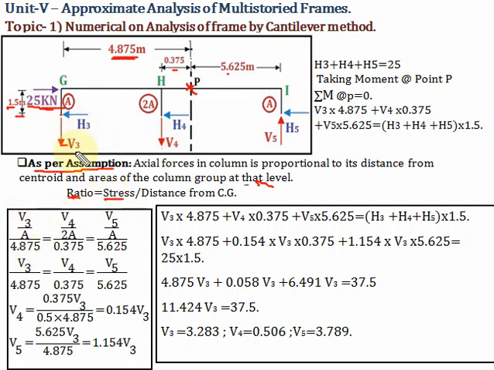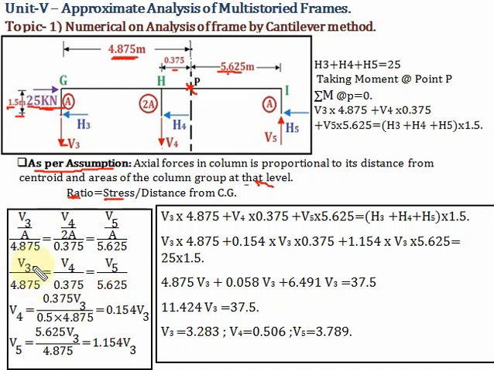So V3 upon the area of this column, A, and the distance from the CG is 4.875. Then V4 upon the area of this column, 2A, into 0.375, equal to V5 upon the area of this column, A, and the distance from the CG is 5.625. After simplifying, we get V3 upon 4.875, V4 upon 0.375, equal to V5 upon 5.625.